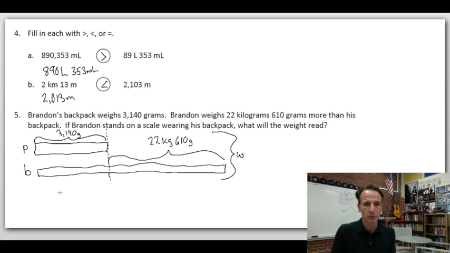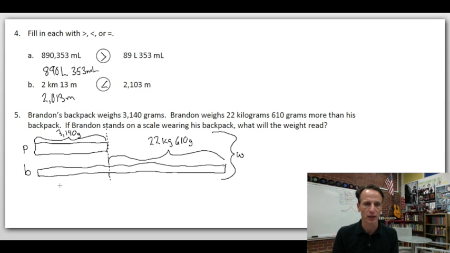So to calculate Brandon's weight, we're adding kilograms and grams to grams. So it makes sense in this case to put them into the same units, either both in the smaller unit or both in mixed units. Let's put them both in the smaller units. I think that's easy. 22 kilograms is 22, how many grams? 22,000 grams.